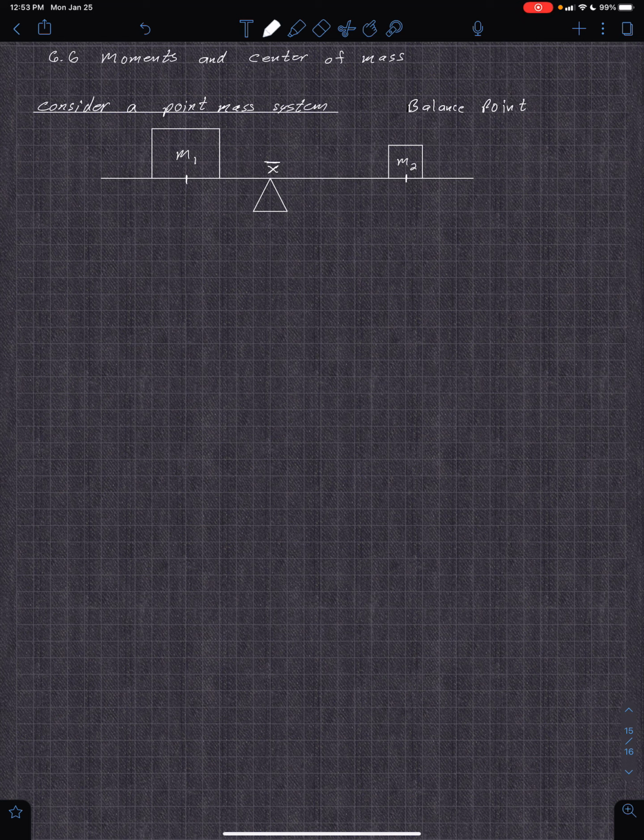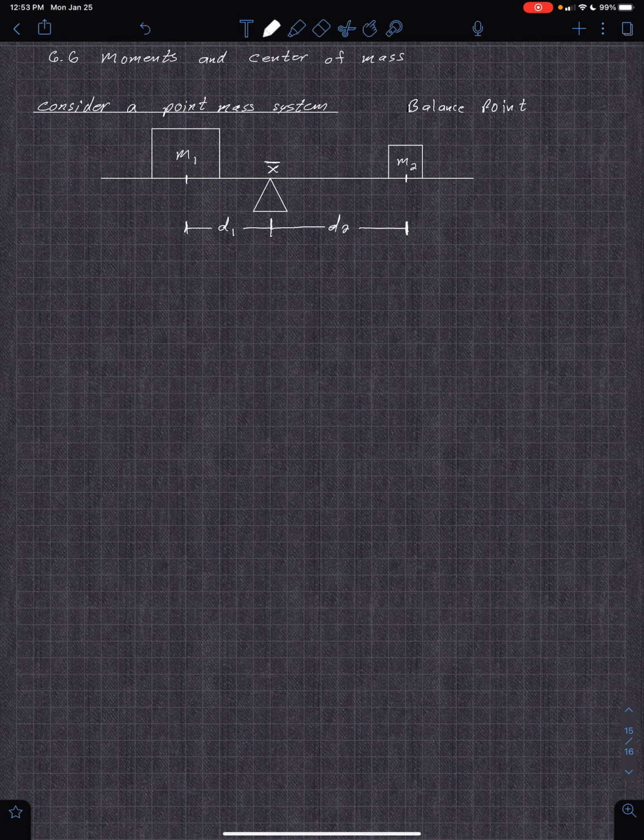So let's look at then the distance from each of these masses, mass 1 and mass 2, to this point. We can look at this distance we'll call d1, and then this distance right here we call d2. So d2 is the distance from the center of mass, whatever that is. We assume it exists, right?